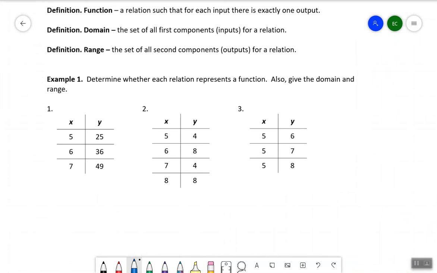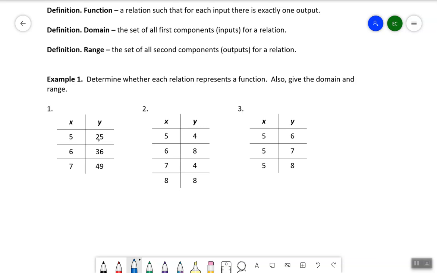So let's start by determining whether each of these examples represents a function. And so again, we just want to apply the definition. For each input, there's exactly one output. So when we look at this first table, the input 5 only has one output.